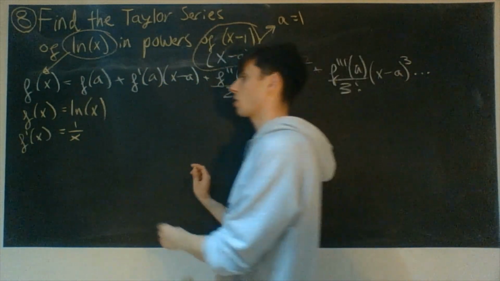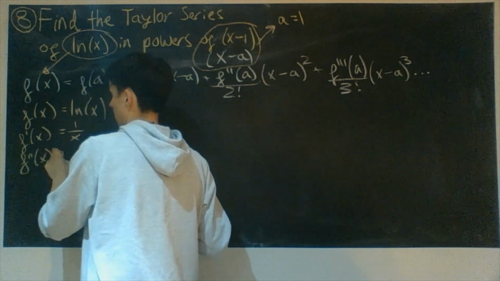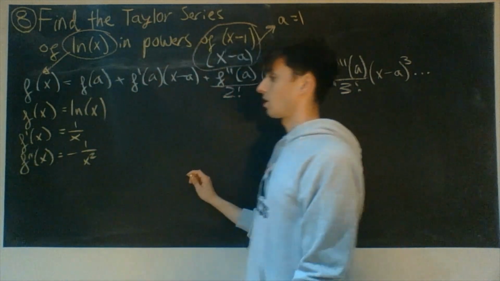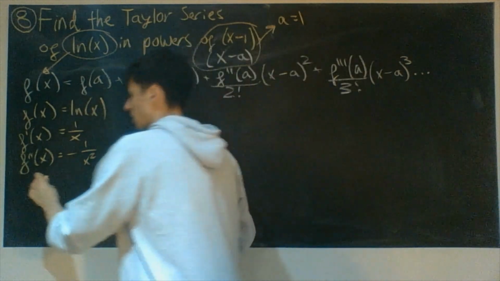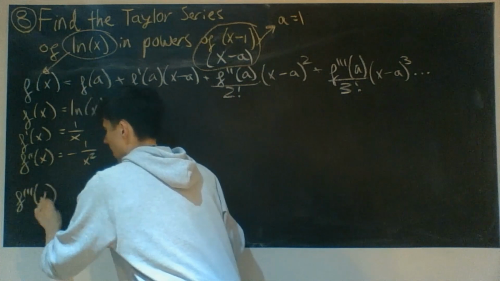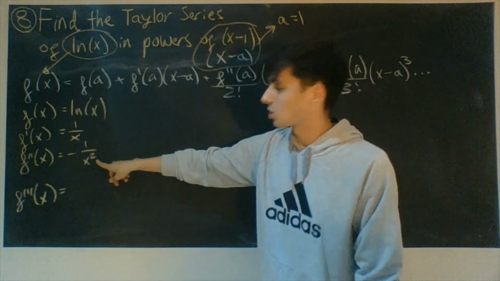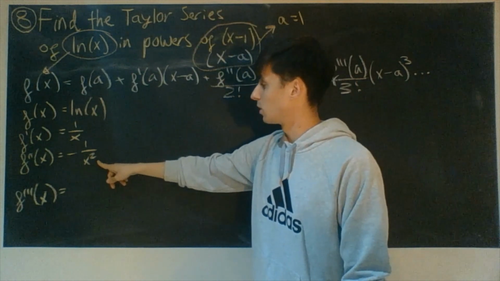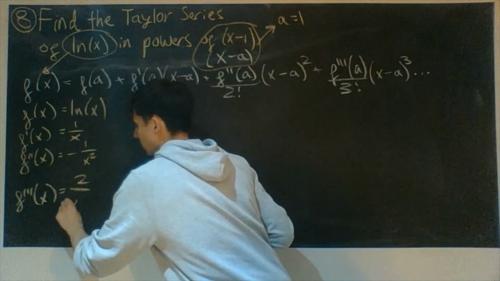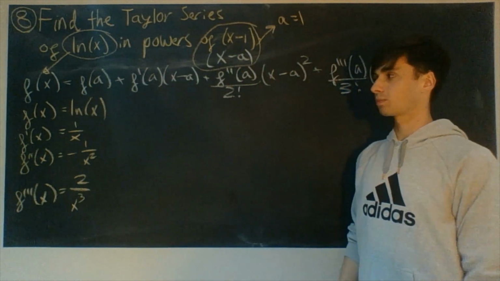The second time we differentiate, f dash dash of x, we should get minus 1 over x squared. And the third time, f triple dash of x: if you imagine this is minus x to the power of minus 2, the minus 2 will come out, so we'll get 2 over x cubed, 2x to the minus 3.